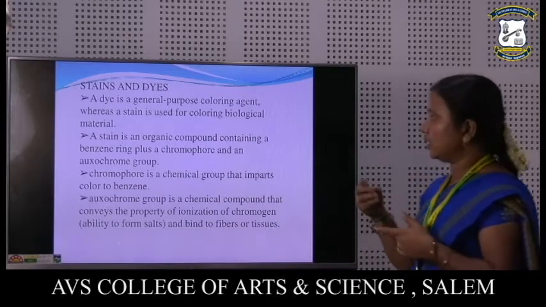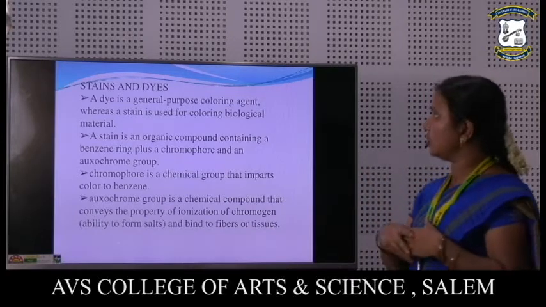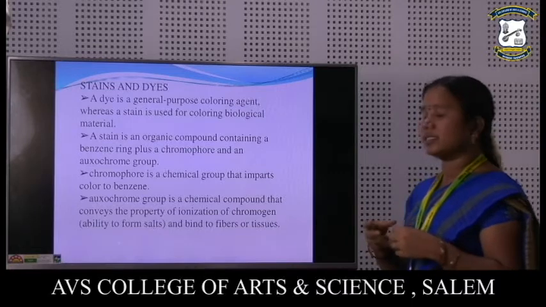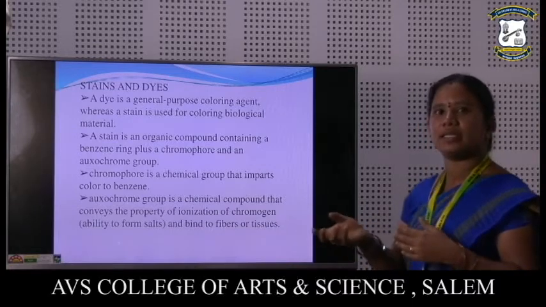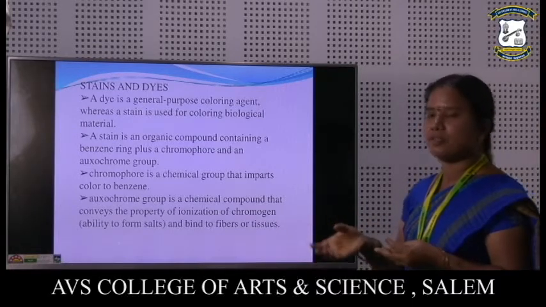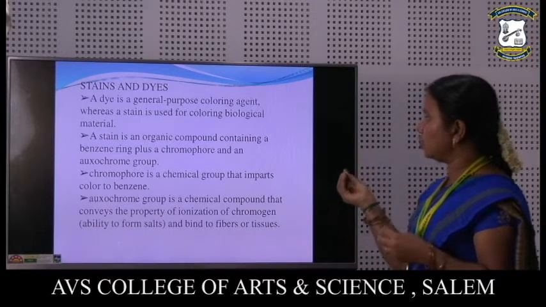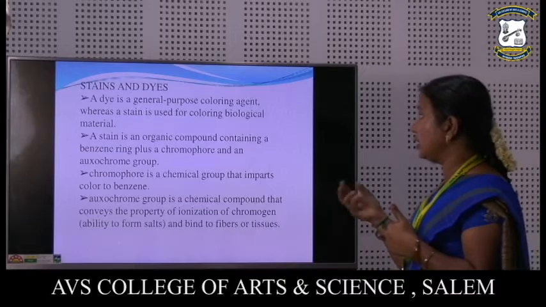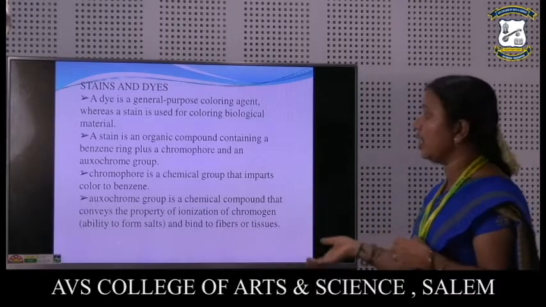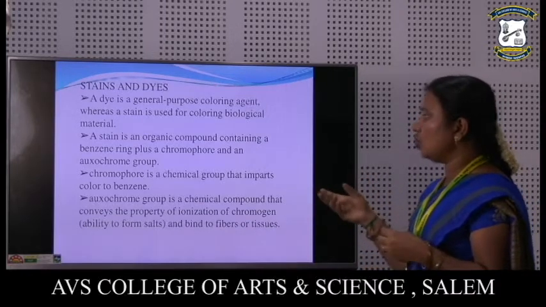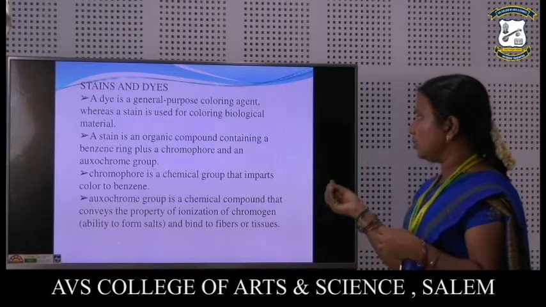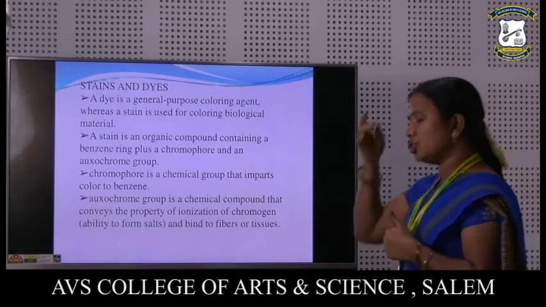The basic structure of a dye comprises a benzene ring, an auxochrome and a chromophore. The chromophore imparts color to the benzene ring, and the auxochrome conveys the property of ionization to the chromogen.